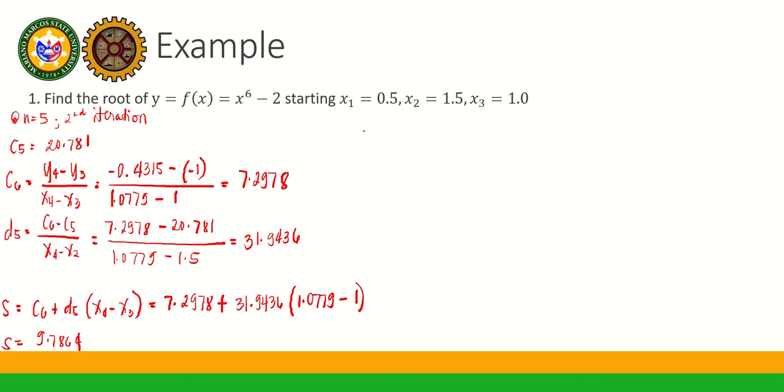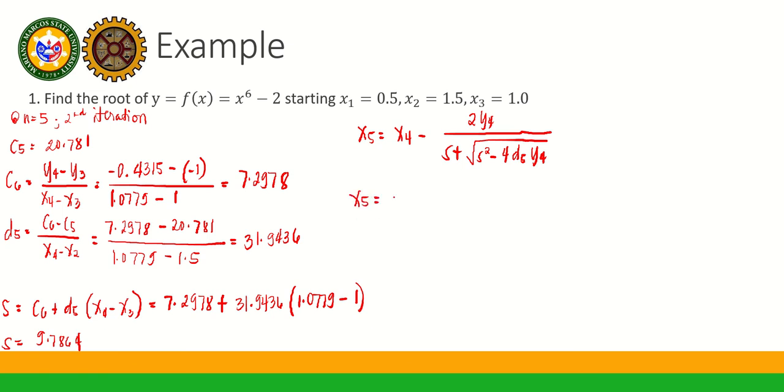So, compute na tayo ng x sub 5 natin. Formula will be x sub 4 minus 2y sub 4 all over s plus square root of s squared minus 4 times d sub 5 y sub 4. Okay, so since positive yung s natin, this should also be positive.